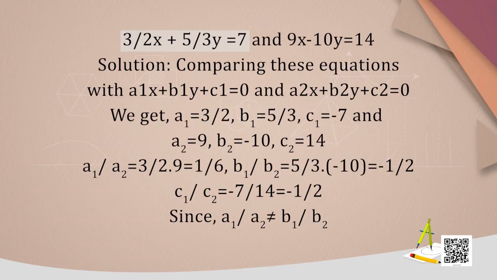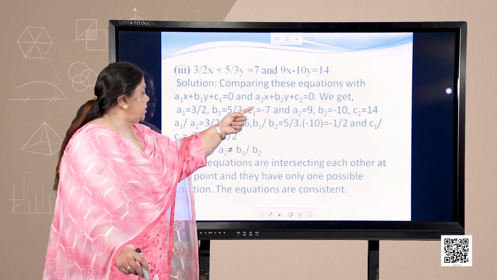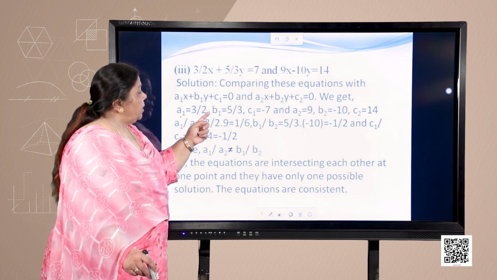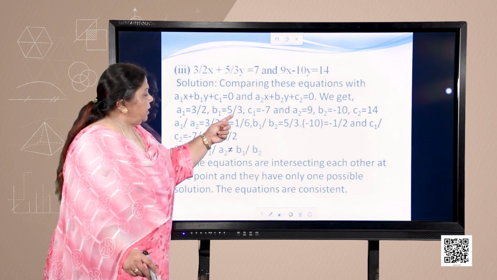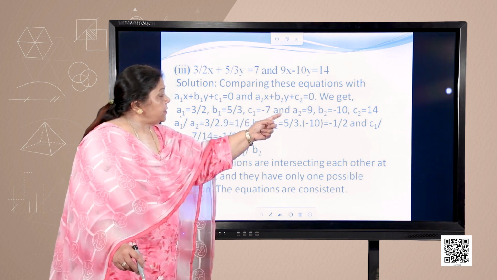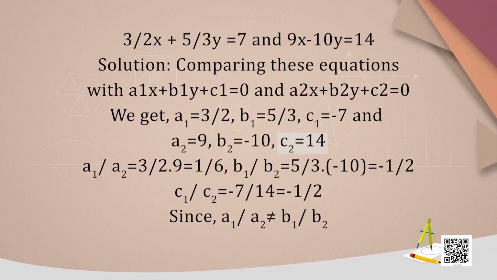3 by 2x plus 5 upon 3y is equal to 7, 9x minus 10y is equal to 14. On comparing these equations with the general equations, we find that what is a1? It is 3 upon 2, b1 is 5 upon 3, c1 is minus 7 and a2 is 9, b2 is minus 10 and c2 is 14.